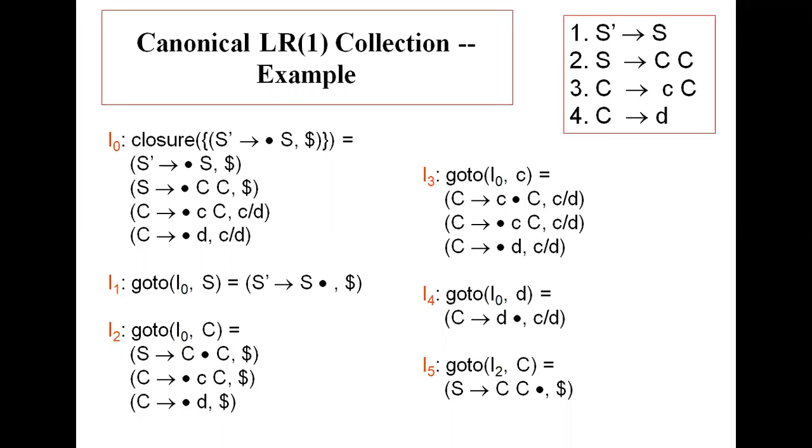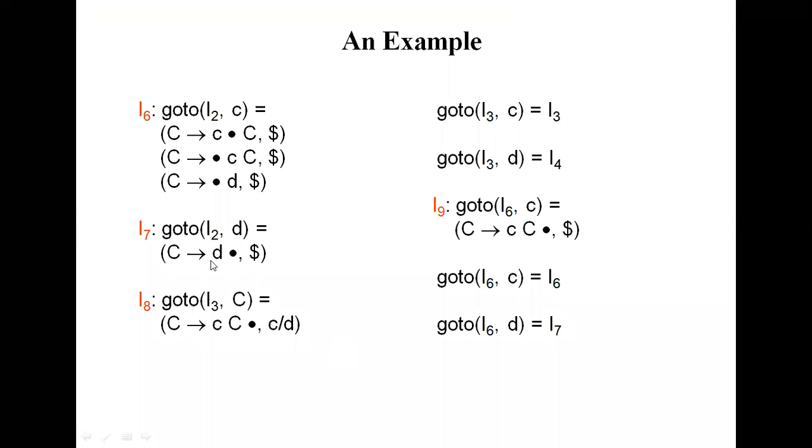Then finding out, is there any more states like this? C tends to D dot, and here the look ahead is C or D. C tends to D dot, here the look ahead is dollar. That means it is I4, I7. I4 plus I7 is equal to I47. Again, make a note.